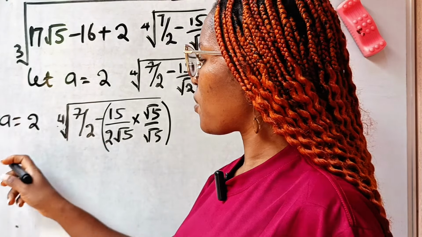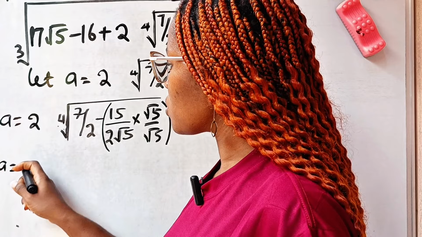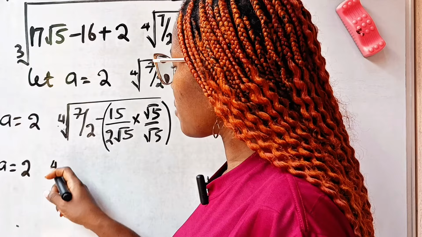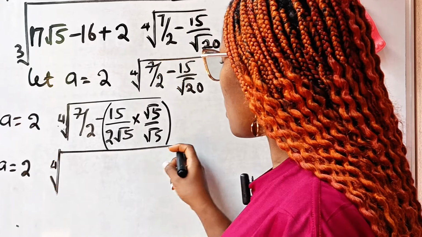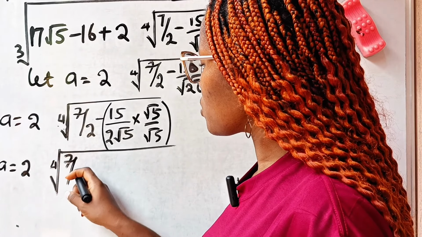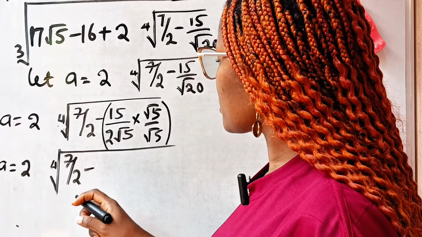Moving forward, we have A is equal to 2 multiplied by the fourth root of 7 divided by 2 minus.